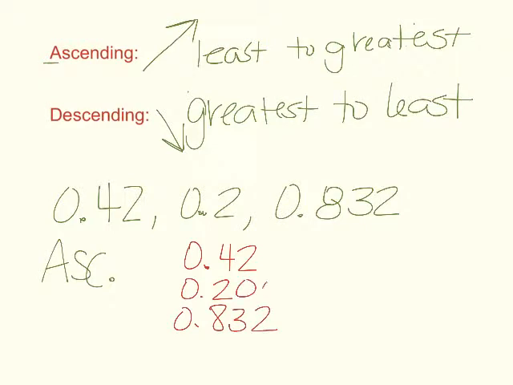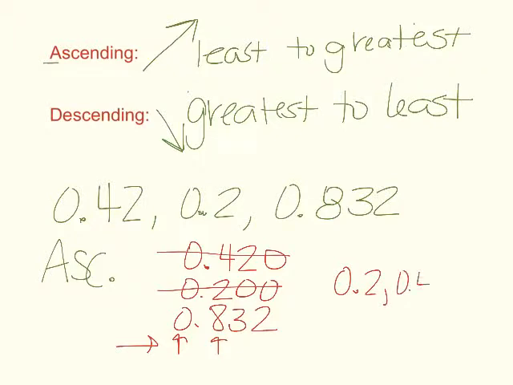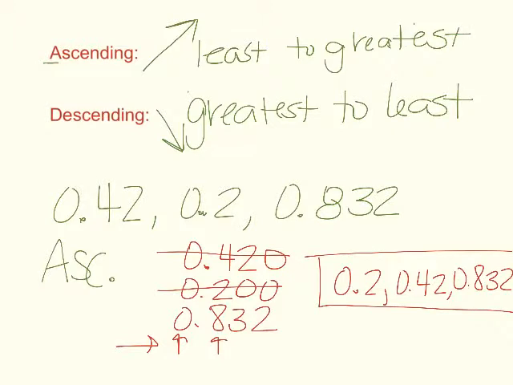Add in any extra zeros for the blank spots. Now we compare from left to right. They're all zeros here. Now let's start over here. Which one is the smallest, going from least to greatest? 0.2. So you write the original number. Next, which is smaller, 4 or 8? 4 is, so we have 0.42. That means our biggest number is 0.832. So this is ordered now from least to greatest in ascending order.